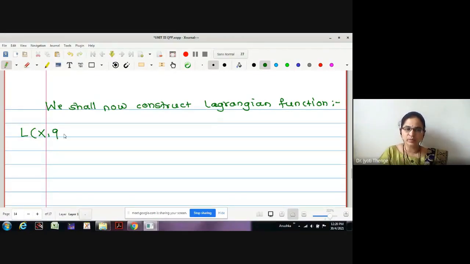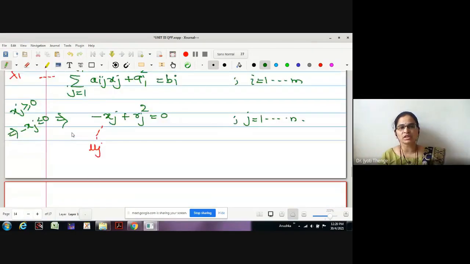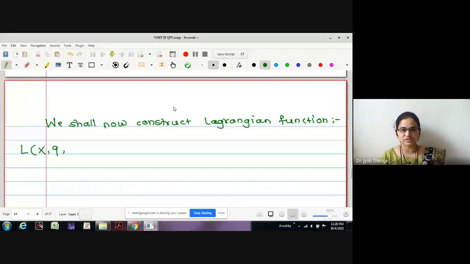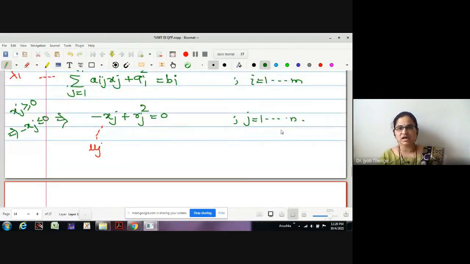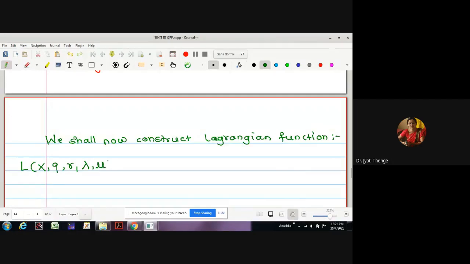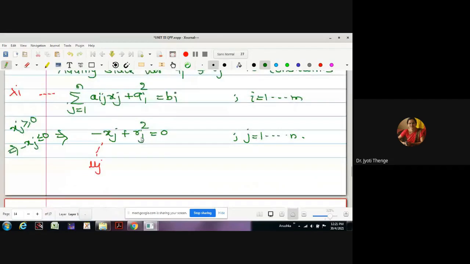Let q be the vector corresponding to all the slack variables. How many slack variables were we adding? q1, q2 to qm. And while adding, we are adding their square forms, right? Then for the second, we have used the r vector. What is r? r1, r2 to rn. And then we were adding lambda Lagrange multipliers for the original constraints, and mu Lagrange multipliers for the non-negativity restrictions.